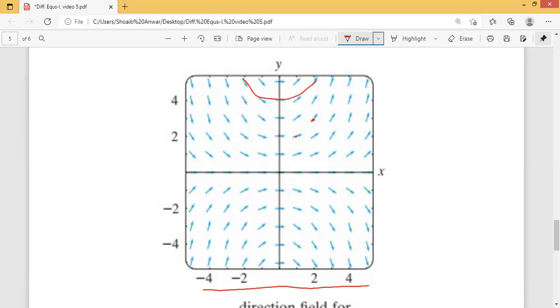If you start at any point, for example, if you start at this, you can see your solution is going like that. Similarly, if you start here, you can see your solution looks like that. So if you draw your slope lines below the x-axis, and if you picture out your solution curve, you can see your solution curves look like this.